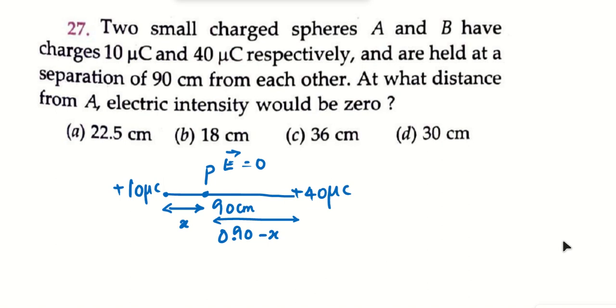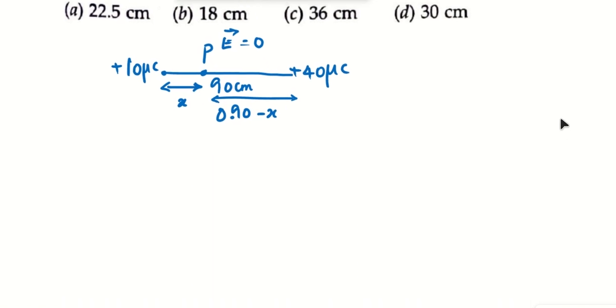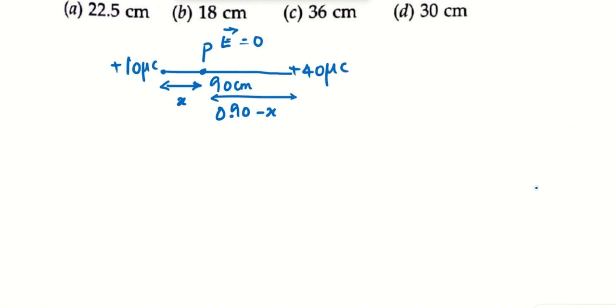And now we have to find out the electric field at this point. The electric field at point P due to 10 microcoulomb will be acting this way, and electric field due to 40 microcoulomb in this way. So they should be equal and opposite, so that the total electric field is zero at point P, and we have to find out what is x.